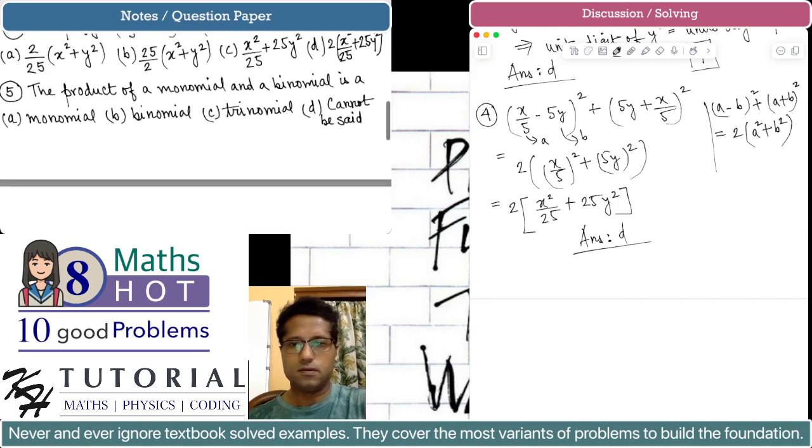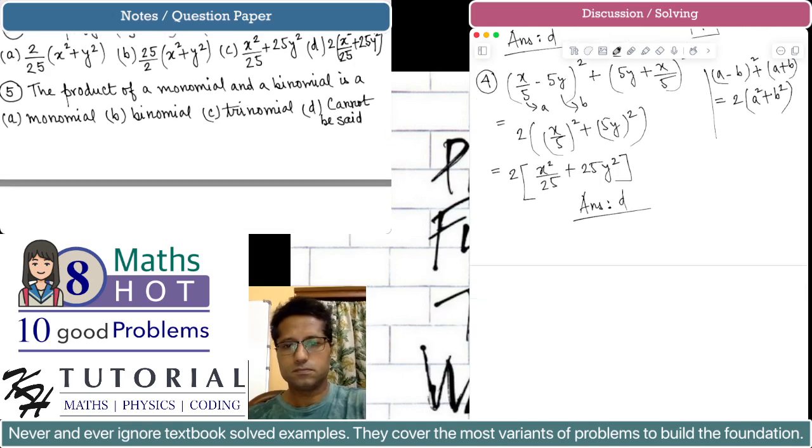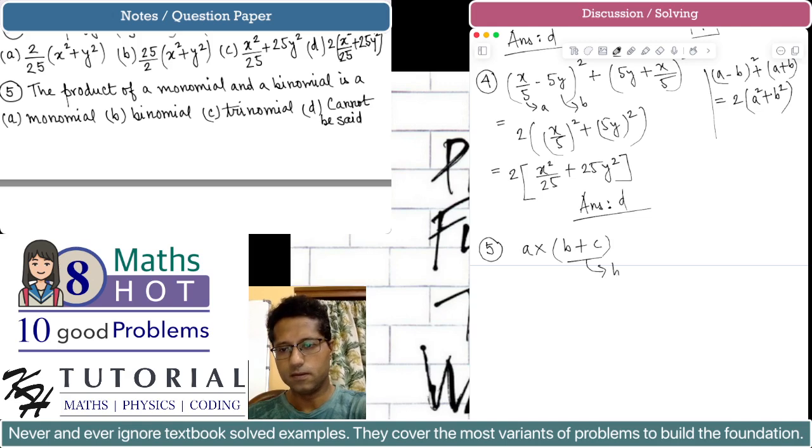Okay, let's do problem number 5. The product of a monomial and a binomial is a monomial, binomial, trinomial, cannot be said. The product of a monomial and a binomial is of the form A multiplied by B plus C. So B plus C is a binomial, where of course B and C are some terms.